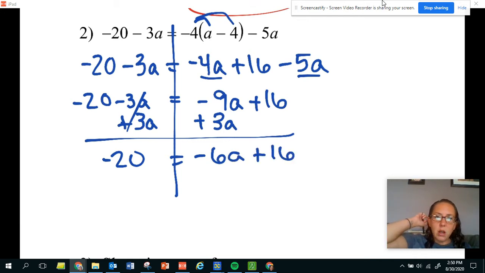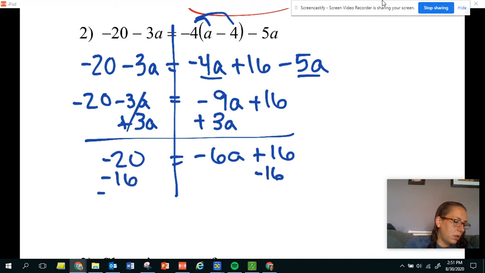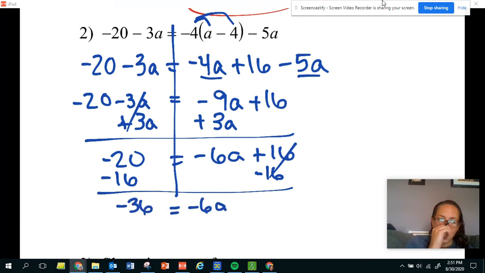So now that I've got all my a's together on the same side, I want to get rid of that 16. So I'm going to do the opposite or the inverse operation and subtract. So those will cancel out, and I will get -36 equals -6a. Now, this is the place where I most often see people like losing their negatives.